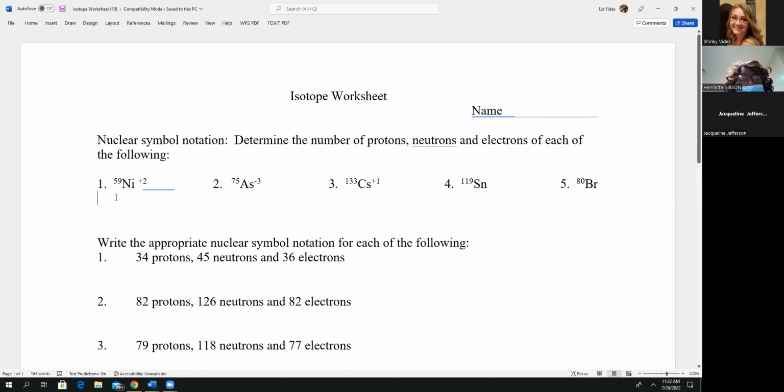Okay, so for nickel, we're going to do protons, and we're going to put an equal. This one's going to be protons too.